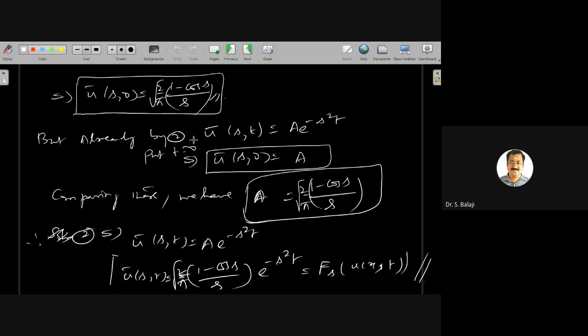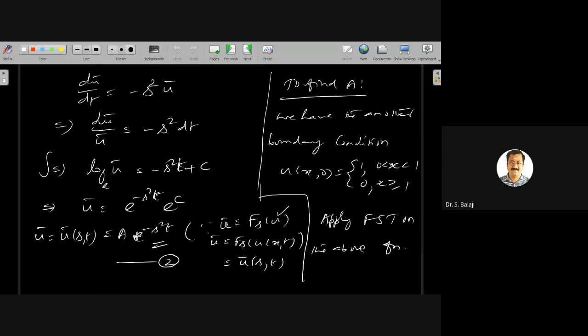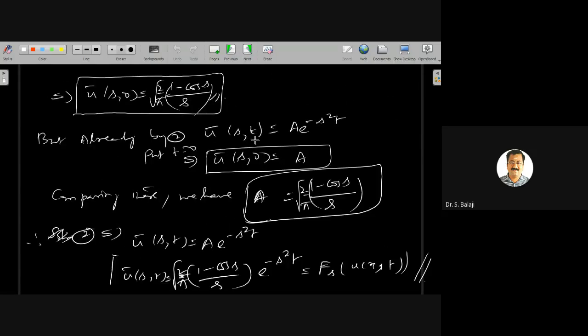But already we identified u bar s comma t in equation 2: u bar s comma t is equal to A e power minus s square t.